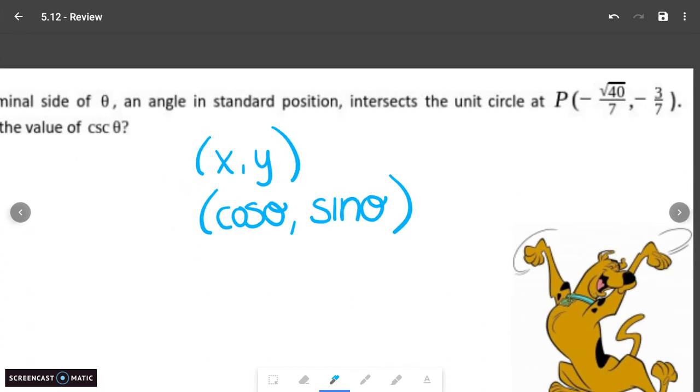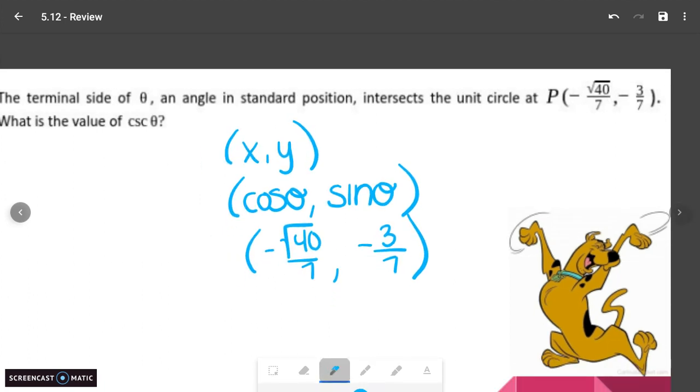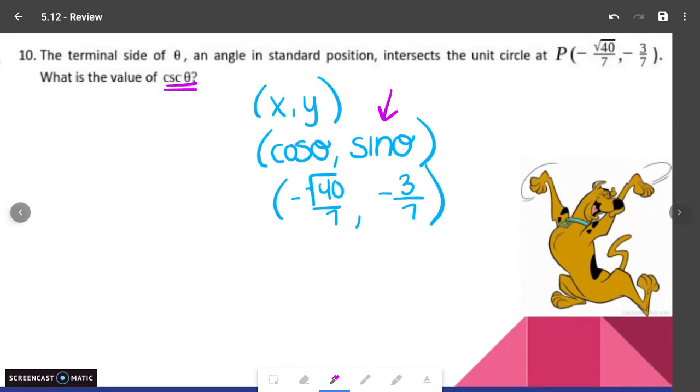So that being said, cosine theta is negative square root of 40 over 7. Sine theta is negative 3 over 7. Well, cosecant theta is the reciprocal of sine. So all we need to do in this case is get the reciprocal of negative 7/3.